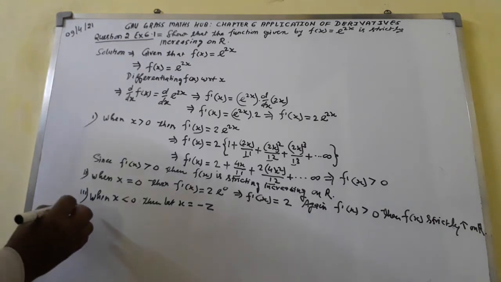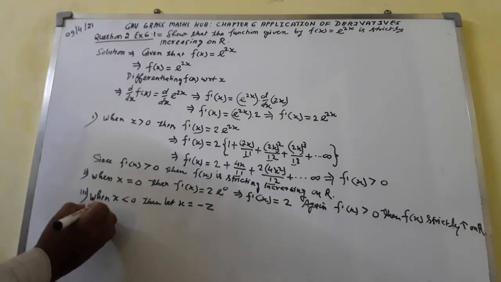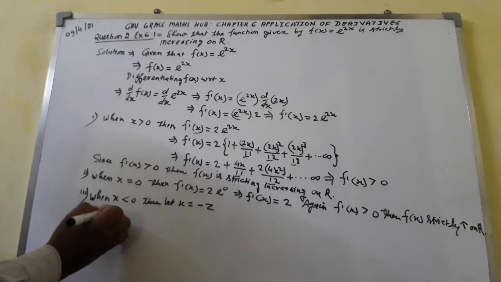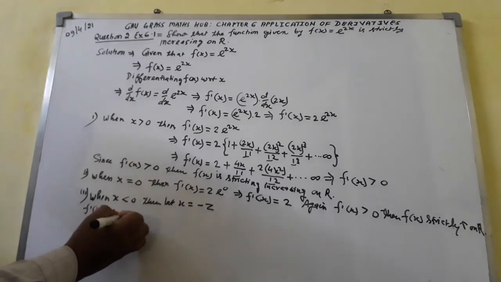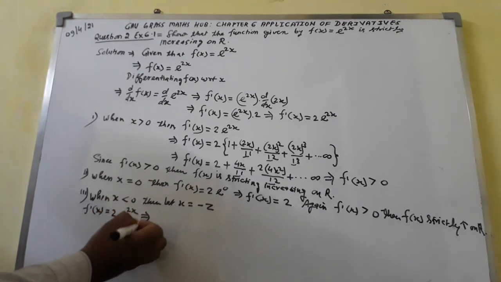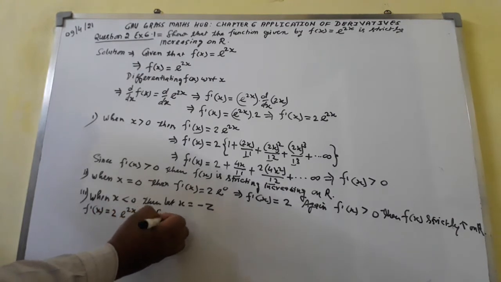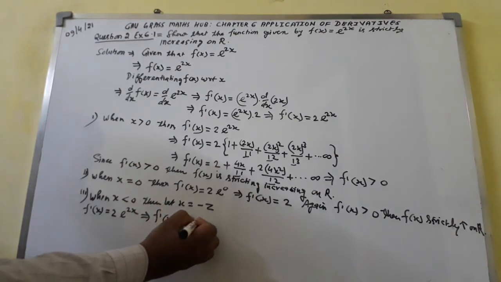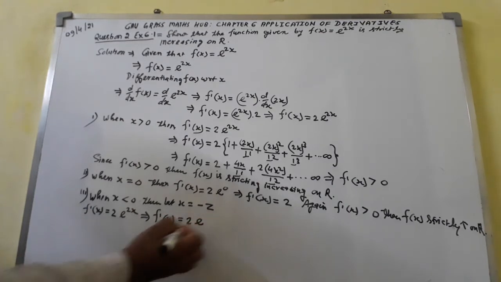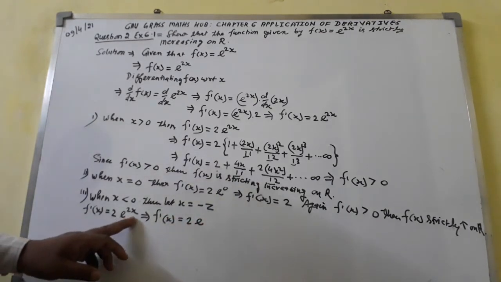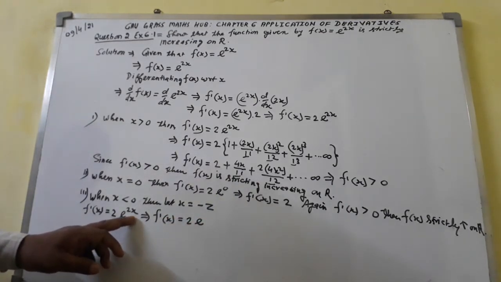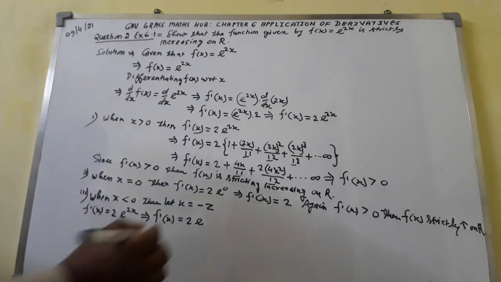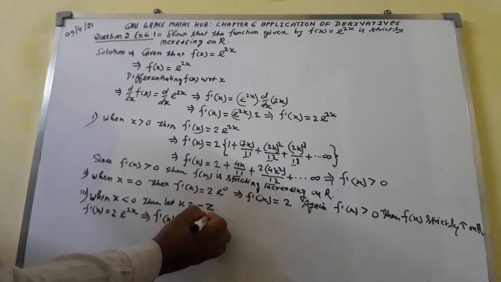Here I shall write f dash of x is equal to 2 e raised to the power 2x, implies that f dash of x is equal to 2 dot e raised to the power, here in place of x I shall write minus z, so it comes out to be minus 2z.